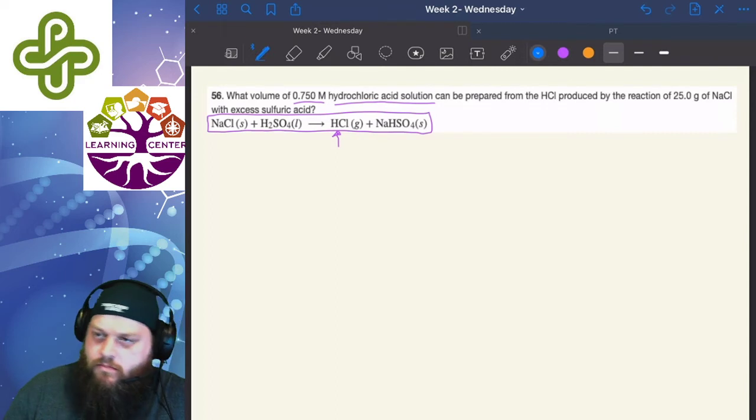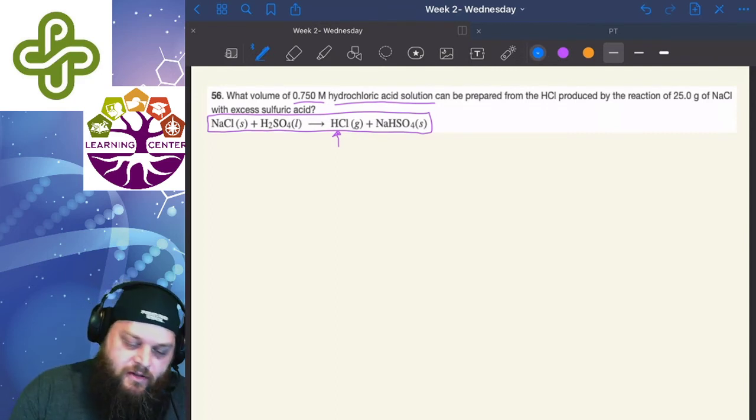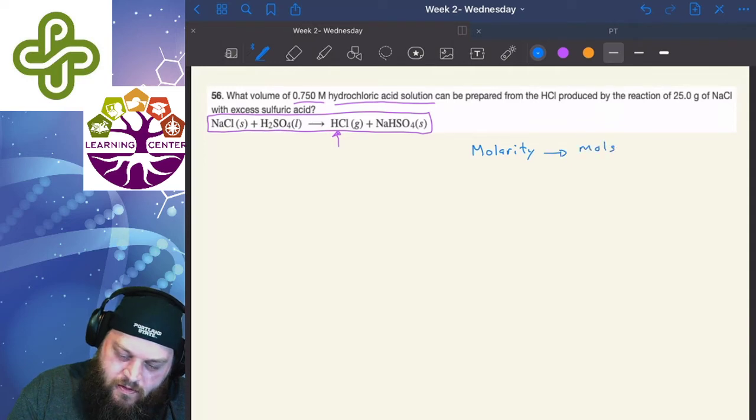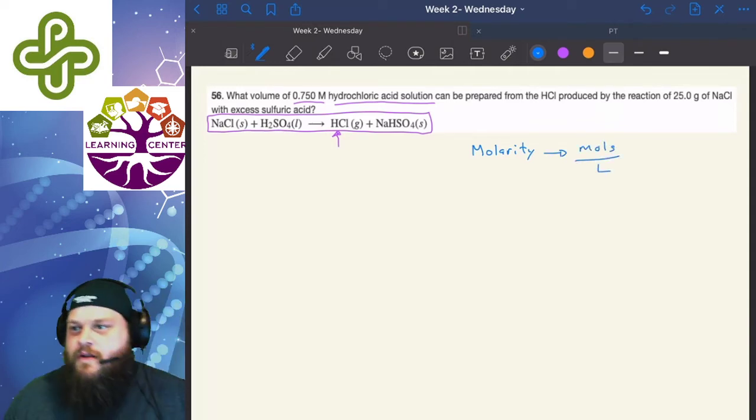So we kind of skipped molarity last week, so I'll talk about it a little bit here. When we talk about molarity, what we're really talking about is the moles per liter. So it's how many moles of something we have divided by the volume of the solution that it's in.